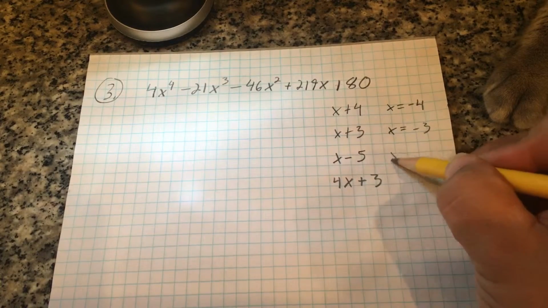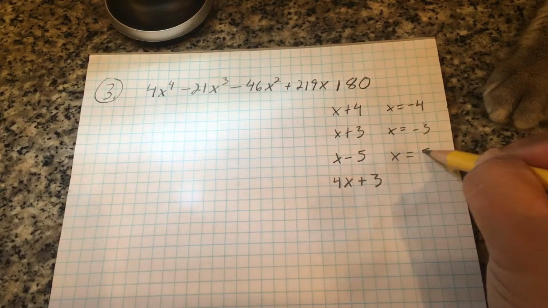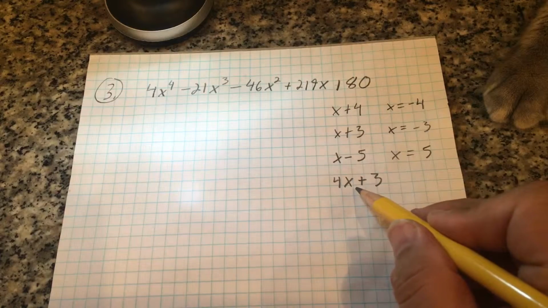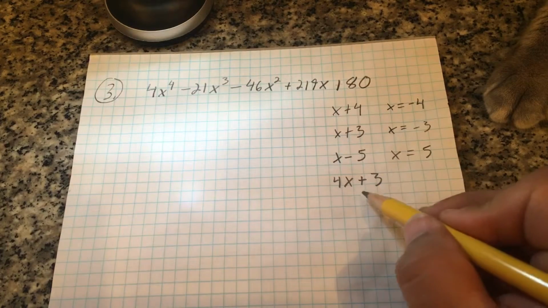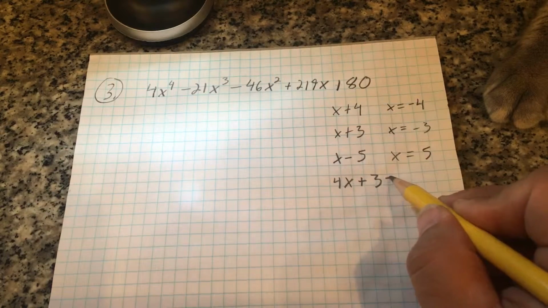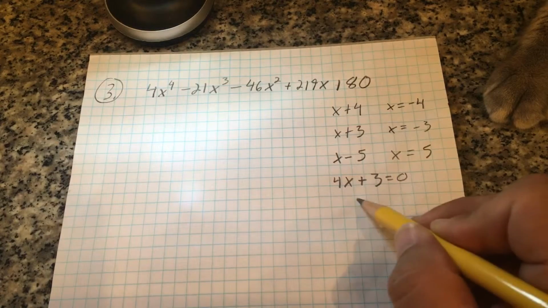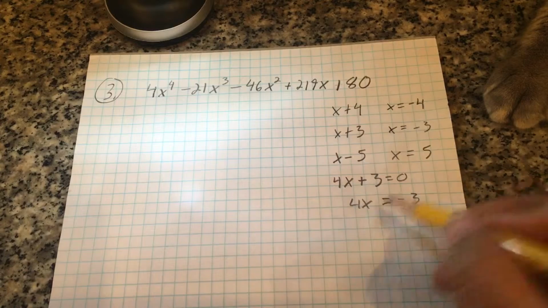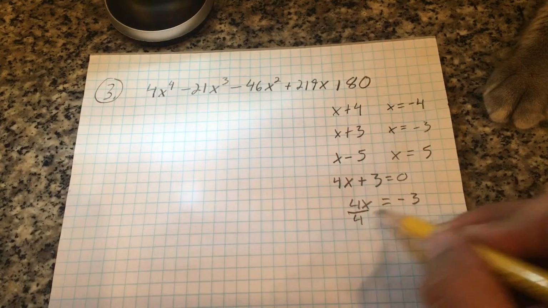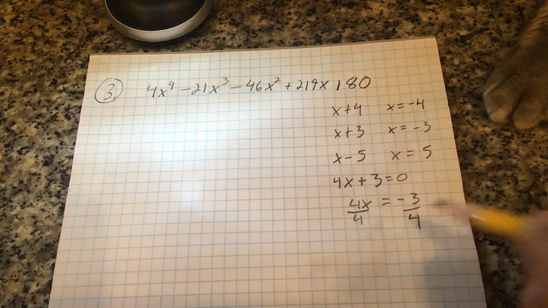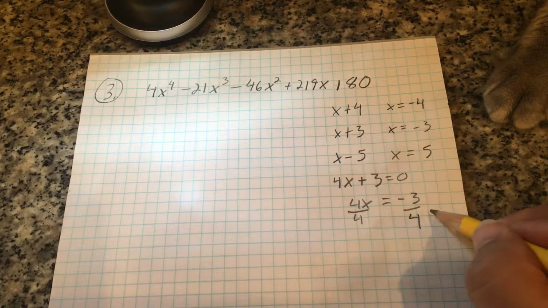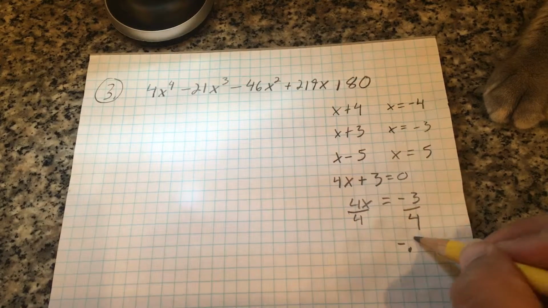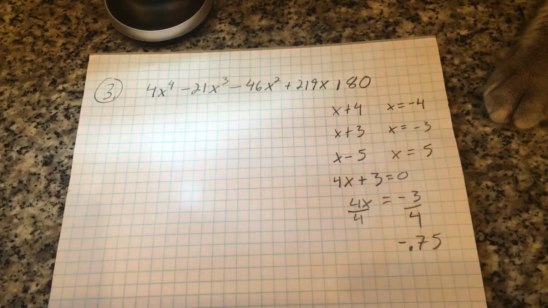This solution would be x equals 5. And this solution would be a little tricky. If you set it equal to 0, 4x plus 3 equals 0, so x would equal negative 3/4. I might make that negative 0.75 if I'm going to use a calculator.